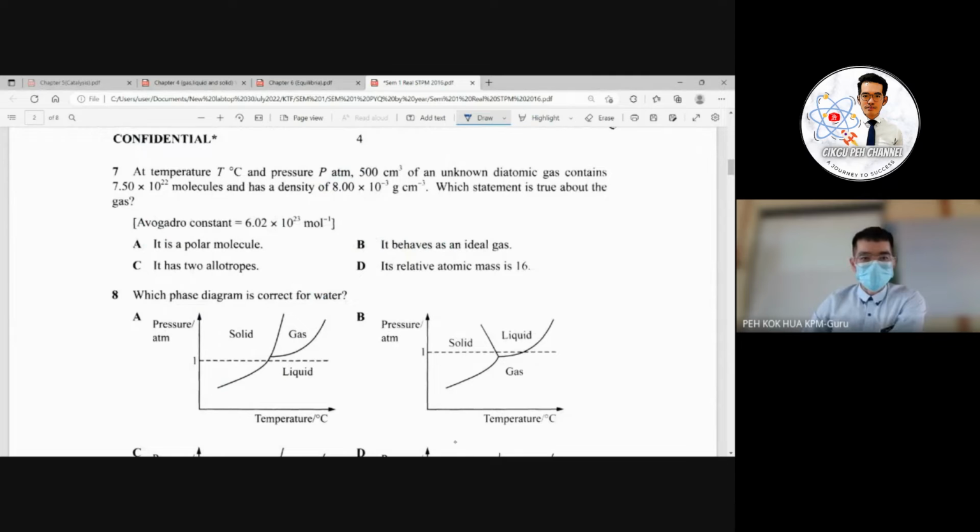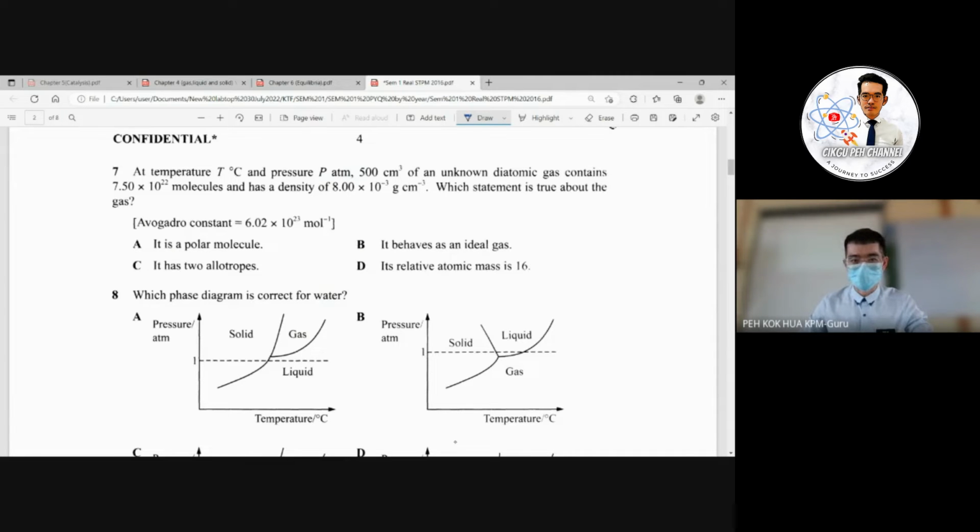Okay, so at temperature T degrees Celsius and T atm, 500 cm³ of an unknown diatomic gas contains 7.50 times 10 power 22 molecules and has a density of 8.00 times 10 power -3 gram per cm³.